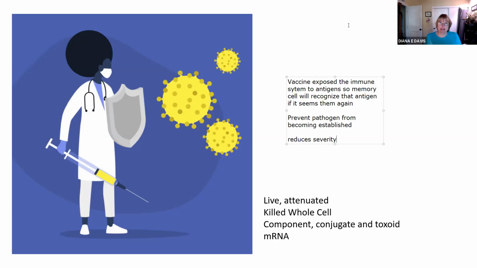With viruses, we call it killed when it is unable to cause any kind of infection. So they use radiation or chemicals to kill it off. These cannot replicate. The live attenuated pathogens can replicate. The killed whole cell pathogens cannot.